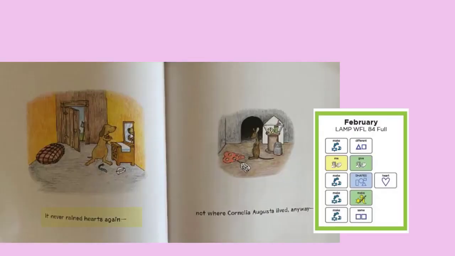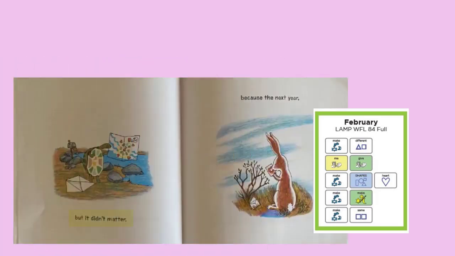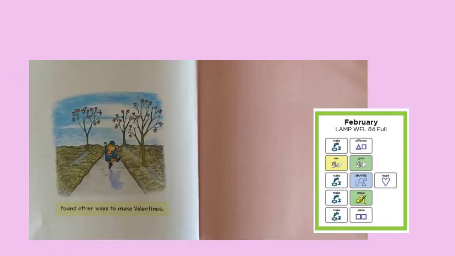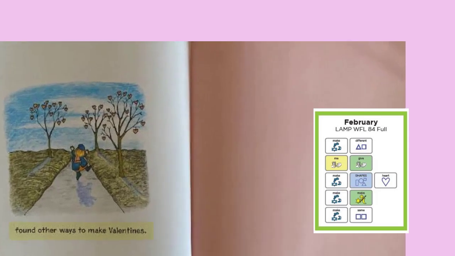It never rained hearts again, not where Cornelia Augustus lived anyway. But it didn't matter, because the next year, and the next, and all the years after that, Cornelia Augusta found other ways to make valentines.